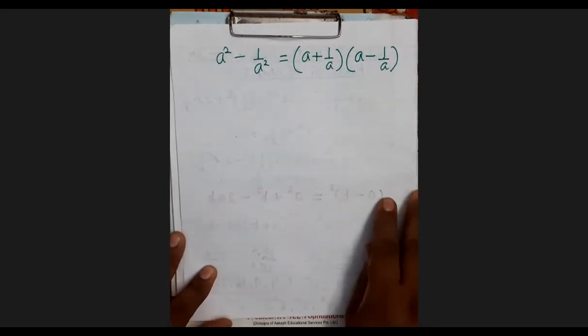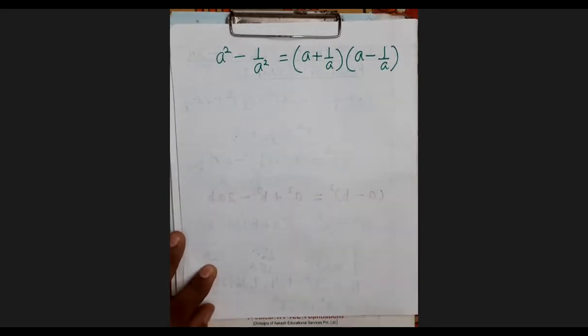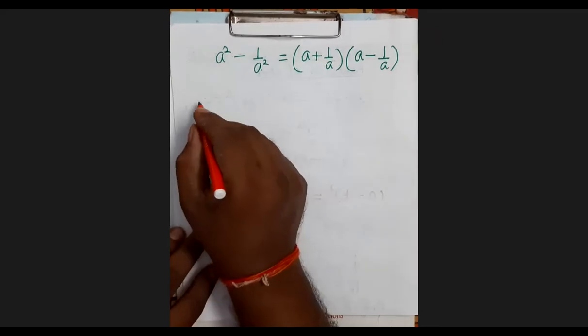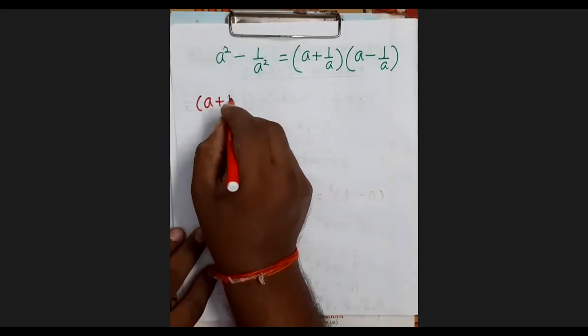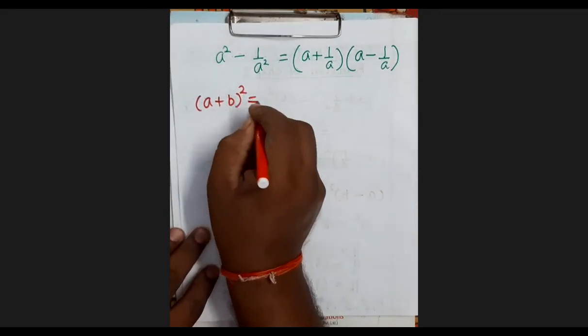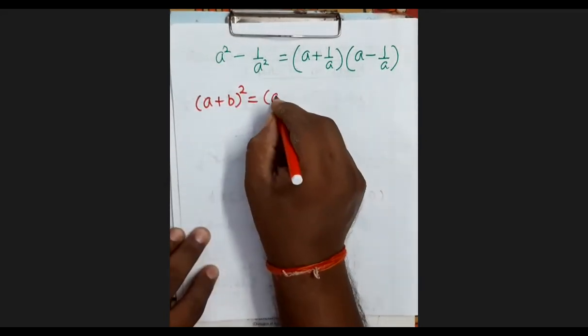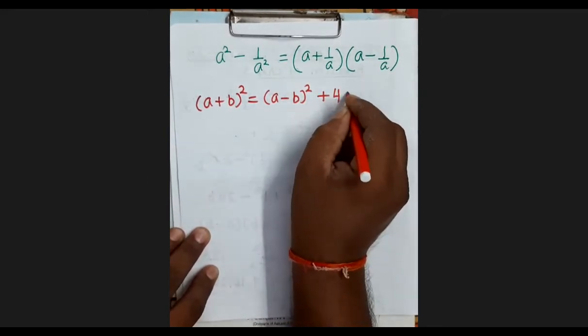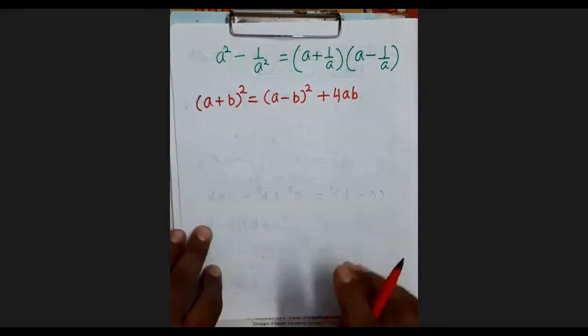Now after that, there is one formula which is not given in your formula list in the book. So you note down that formula. (a plus b) whole square equals (a minus b) whole square plus 4ab.